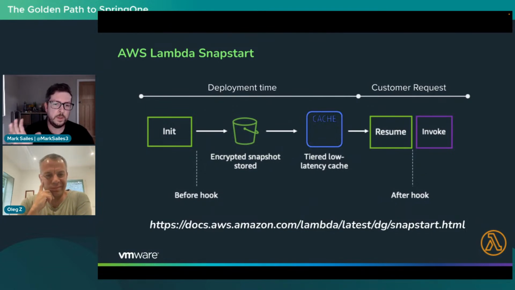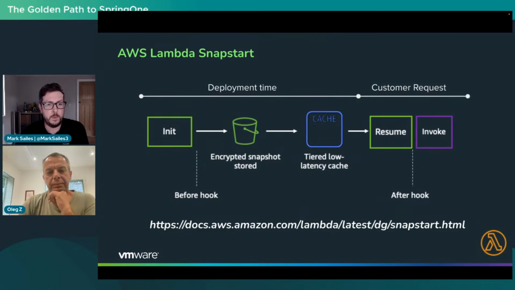And the reason we do that is that any future execution environments that are created due to customer requests, we're going to restore the snapshot instead of creating a new execution environment. And that turns out to be orders of magnitude faster. So up to 10 times faster. So instead of getting a cold start of seconds, you're going to see cold starts of 500 milliseconds to a second, hopefully.